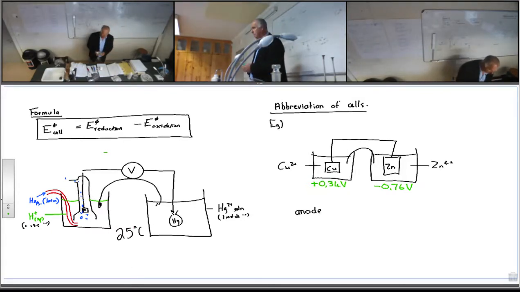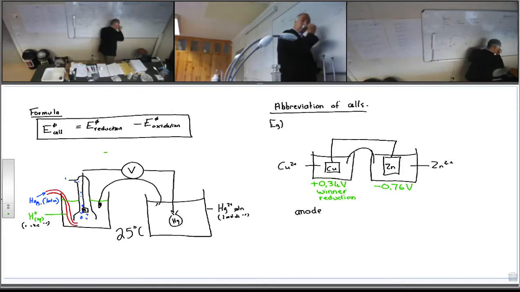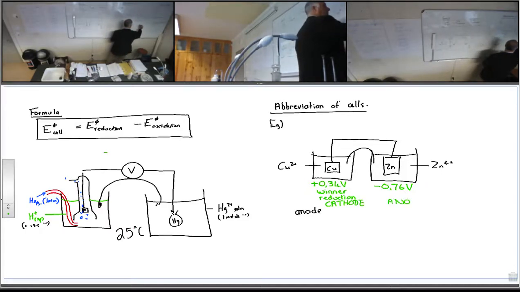Which one's the winner? So if that's the winner, it's the one that's going to undergo reduction. So is this the anode or the cathode? Red cat. Okay. So this is the cathode. And that obviously makes this the anode.